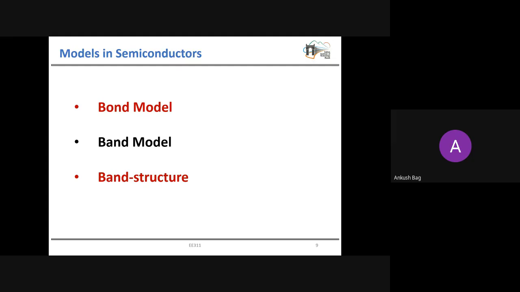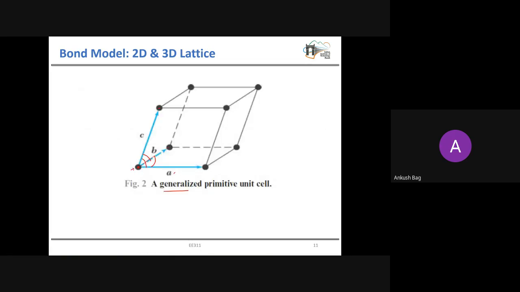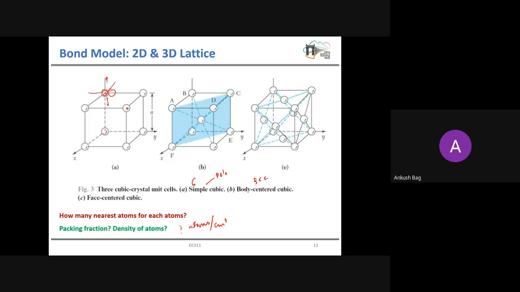Then the band model and band structure. These are the unit cells which we discussed, two-dimensional as well as three-dimensional. We have also seen the different primitive unit cells, like the simple cubic, then body centered or BCC, and then face centered or FCC.